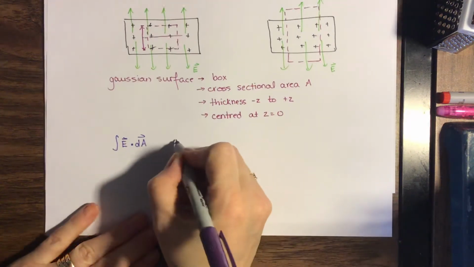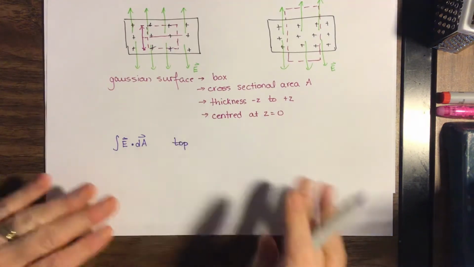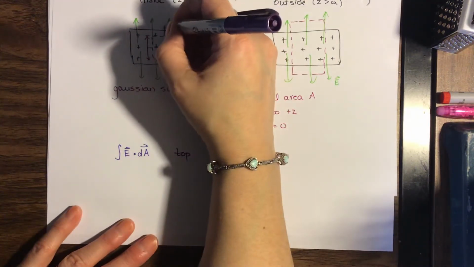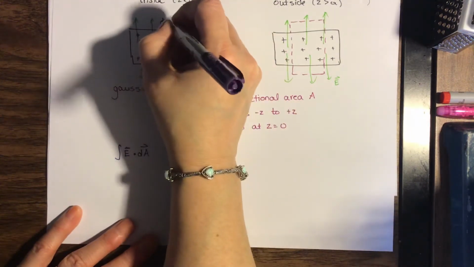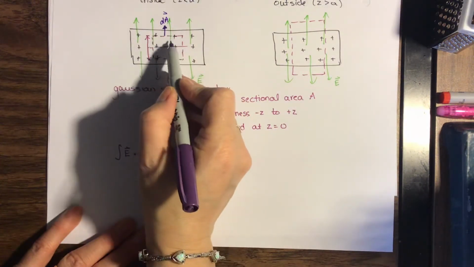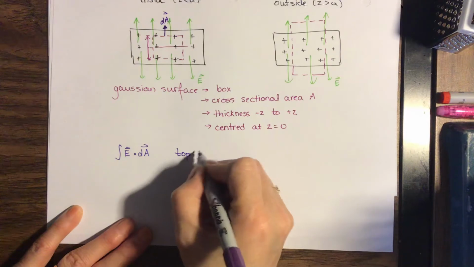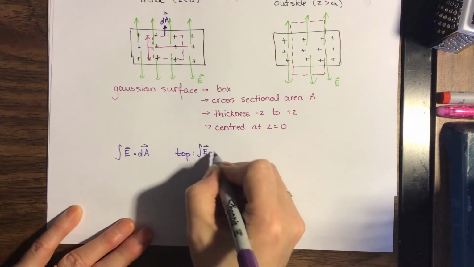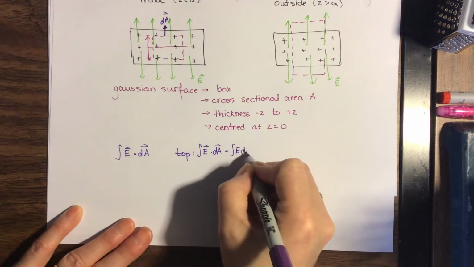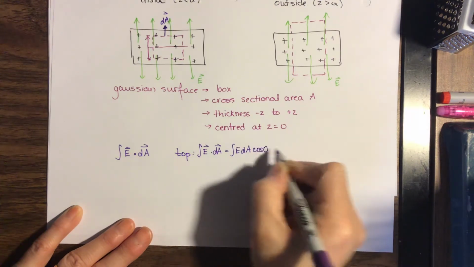For the top face of our box, the dA is a little area element on the top face of the box. There's my dA. I see here that my E points straight up, my dA points straight up. Those two vectors are parallel. So the integral of E dot dA is the integral of E times dA times cosine 0.